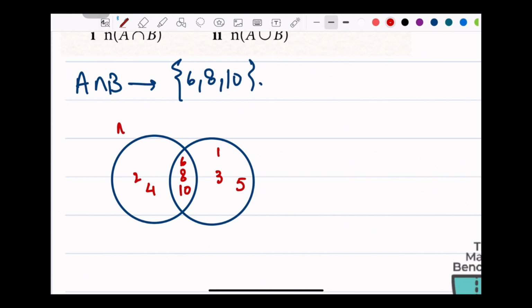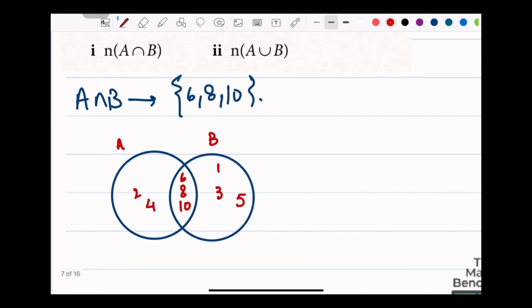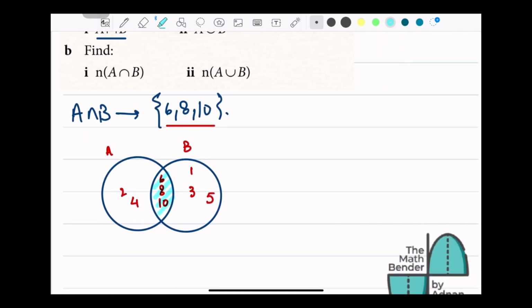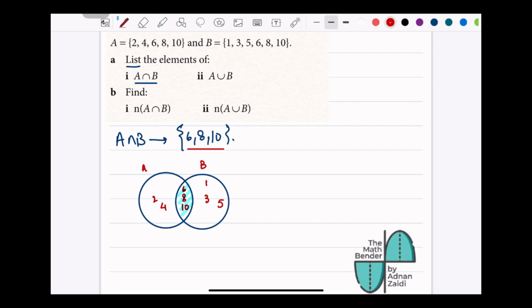Now, this is set A and B. So this was A intersection B, which according to the diagram represents this region only, the region which is overlapped by the two sets. So this represents the common elements, or the intersection. Now, the number of elements of A intersection B is going to be 3, 1, 2, and 3, since there are 3 elements in the intersection.